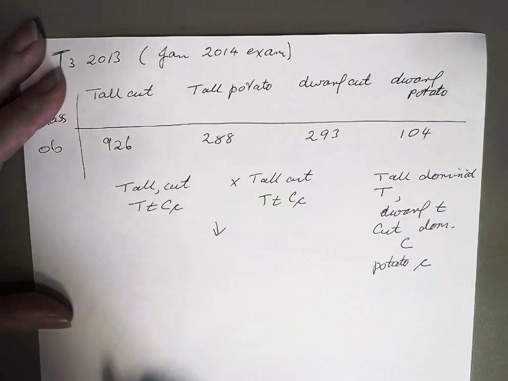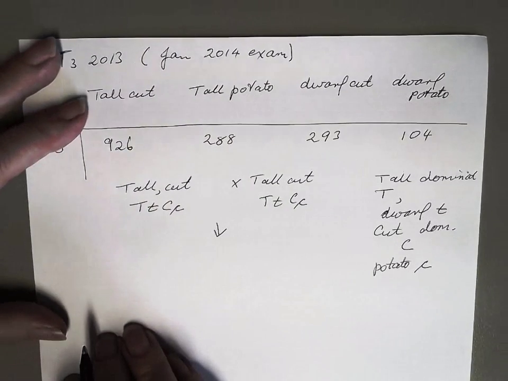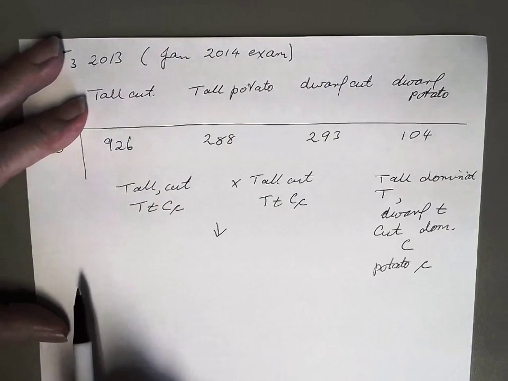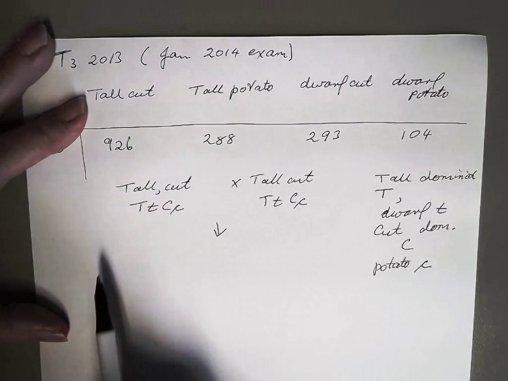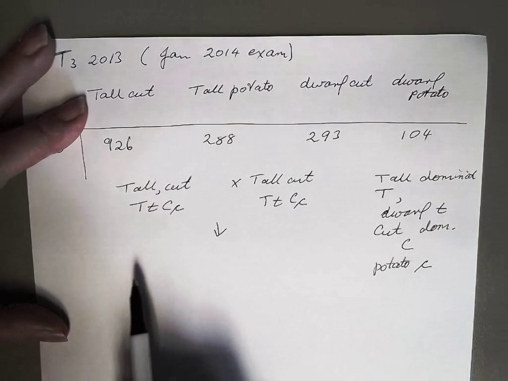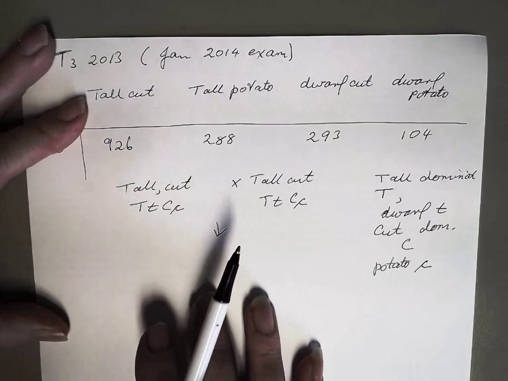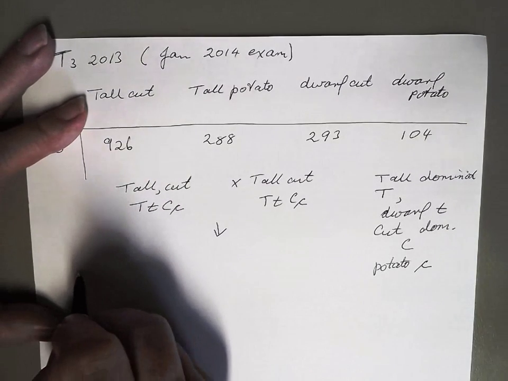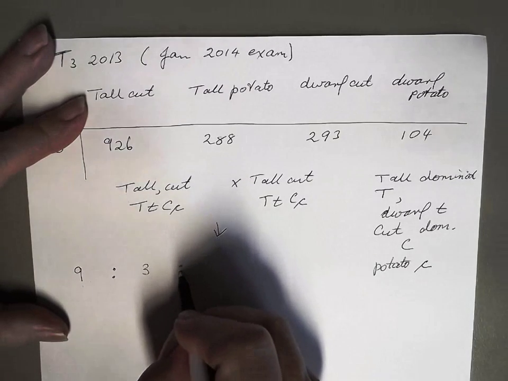So what would we expect from that? Well, being a geneticist, I know that if tall is dominant to dwarf and cut is dominant to potato, and we have genes that are on different chromosomes, then we would expect offspring in a set proportion, if we had enough of them.